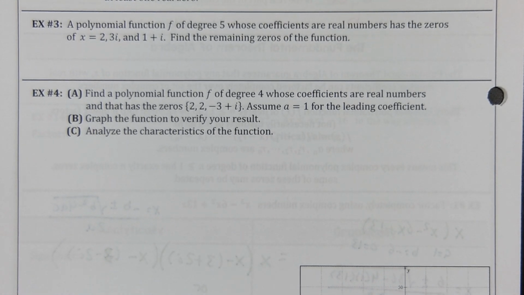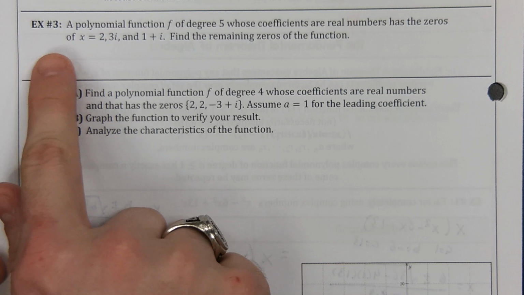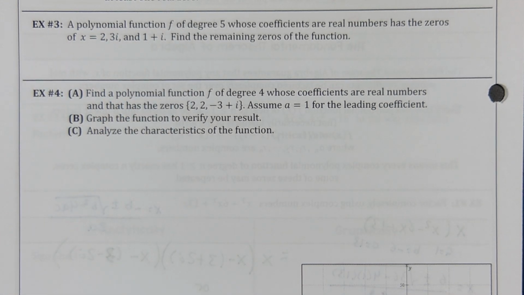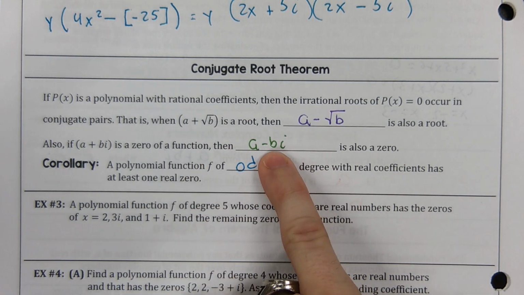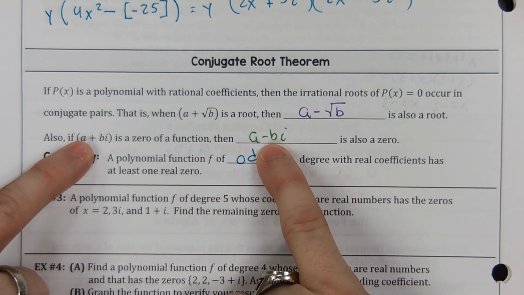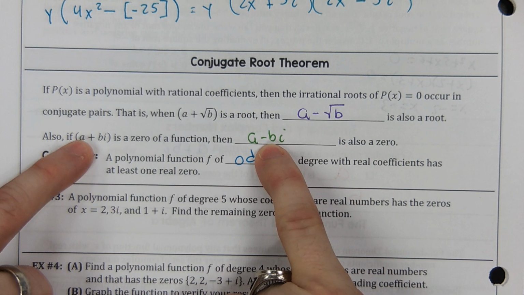A polynomial function f of degree 5, whose coefficients are real numbers, has these three zeros. But the fundamental theorem of algebra tells us a degree 5 polynomial has to have 5 zeros. So I wonder what the other two are. Complex solutions always come in conjugate pairs.